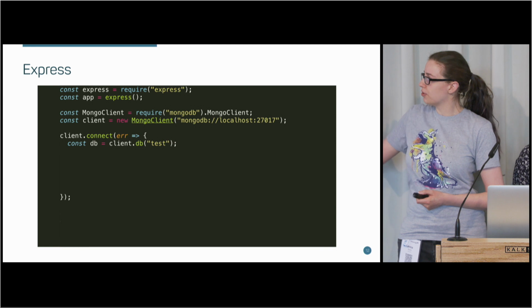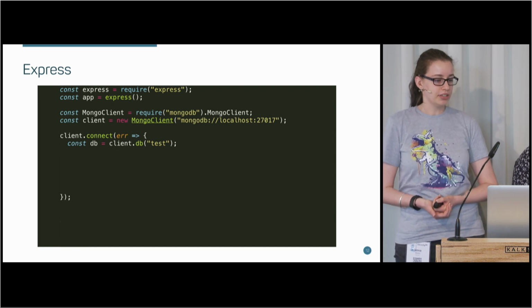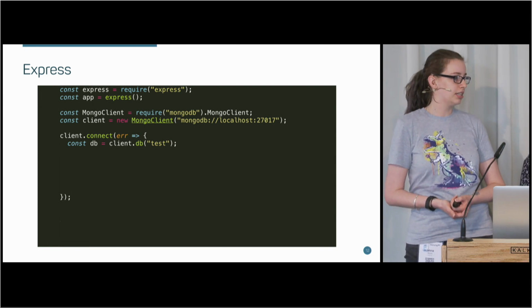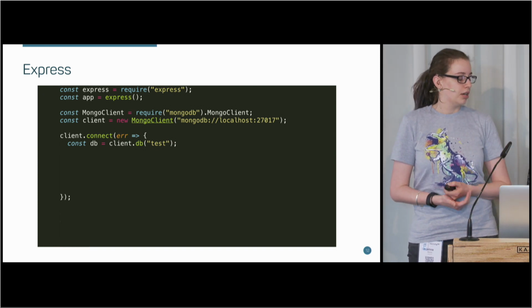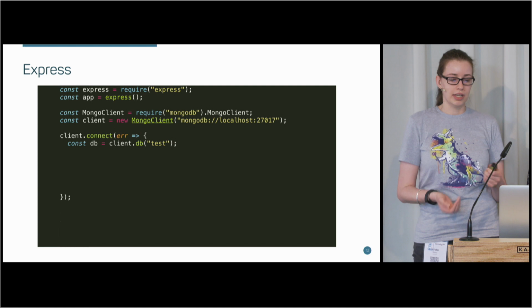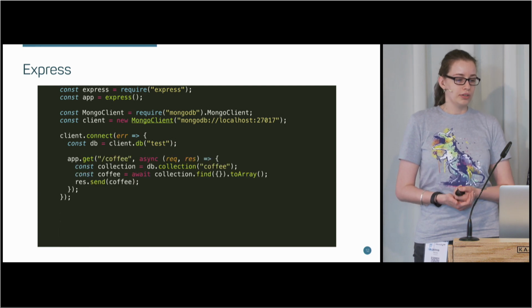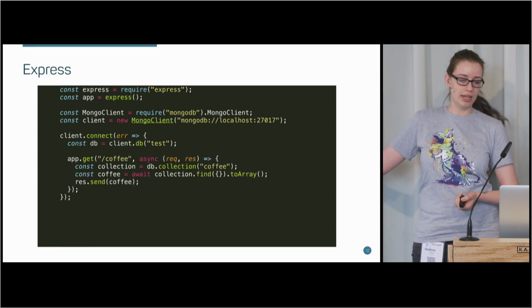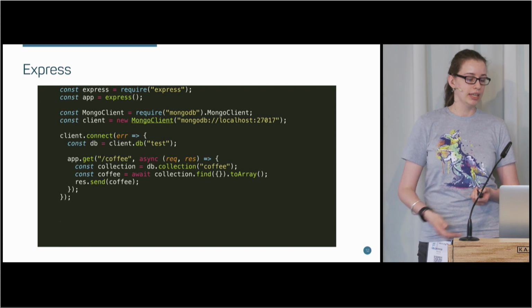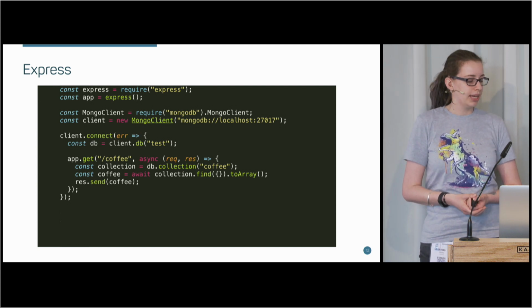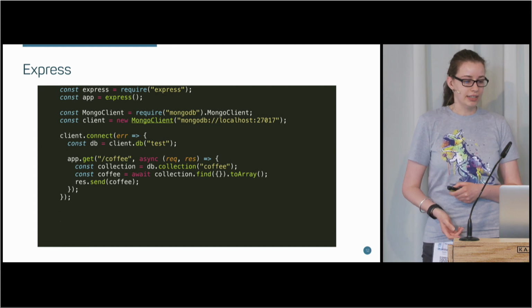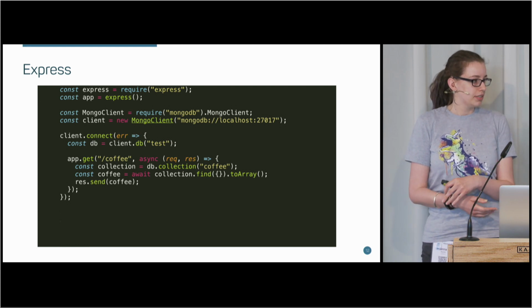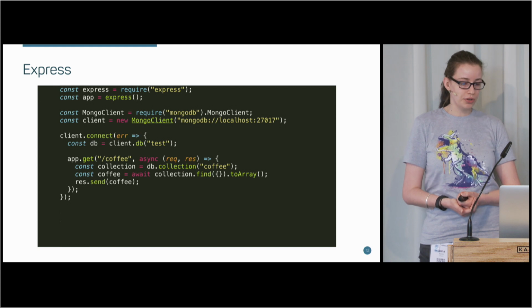We didn't bother to rename the database, it's just called test, and inside of this database are all sorts of coffees. So when the user now wants to call on the coffees and get all the coffee info, what we call is this. We have our address /coffee, and then we go to the database and say, hey, give us the collection with all the coffees. And so we assemble all the coffees, and that's what we return.